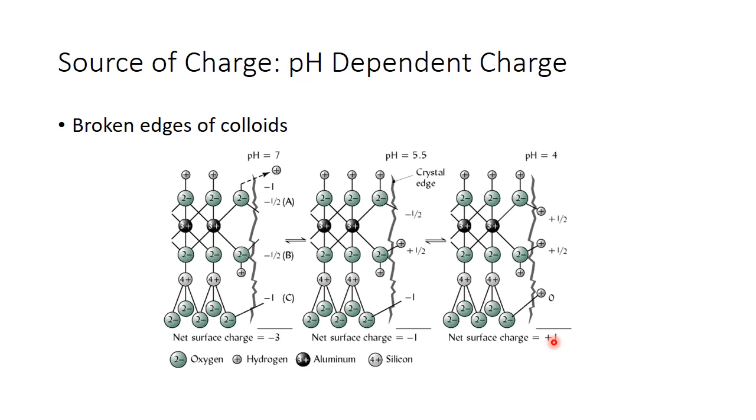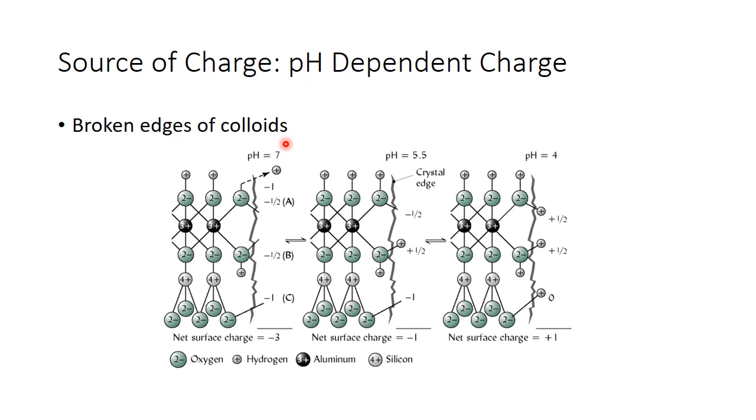So 10 to the negative fourth moles of hydrogen per liter. If we had a pH of 7, then the concentration of hydrogen is 10 to the negative seventh, or 0.0000001. So the difference between pH 4 and pH 7 in terms of the concentration of hydrogen is 3 orders of magnitude.